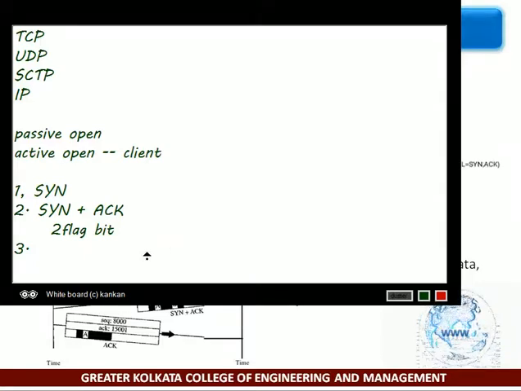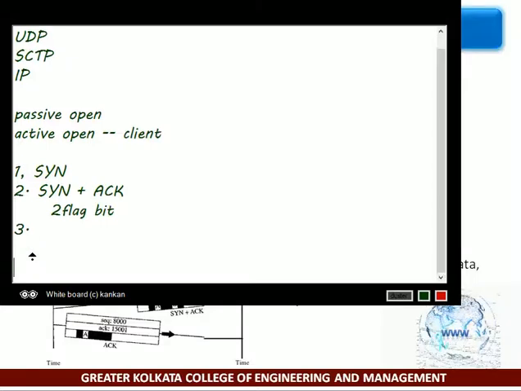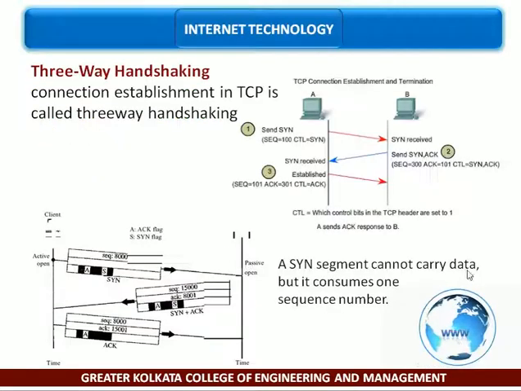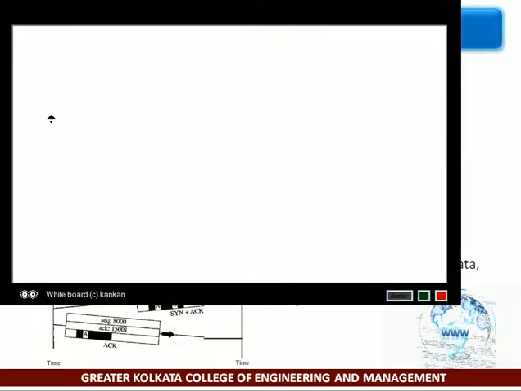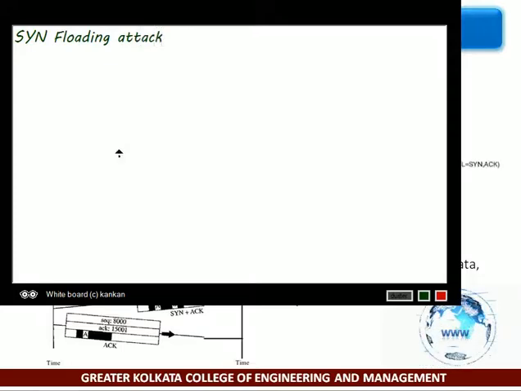Next, one thing I would like to discuss is the attack. Which type of attack? The SYN flooding attack. The connection establishment procedure in TCP is susceptible to a serious security problem called the SYN flooding attack.